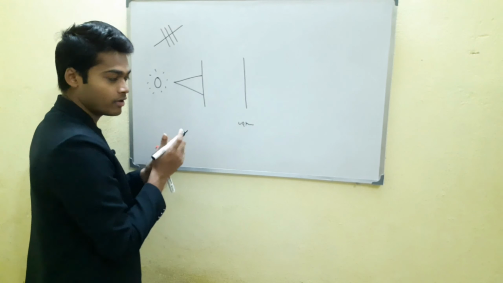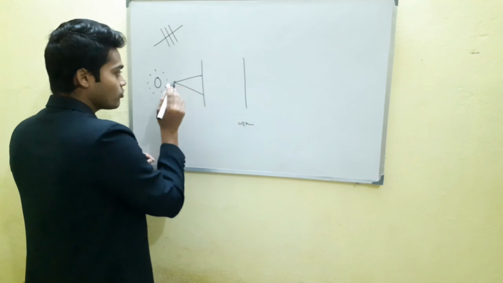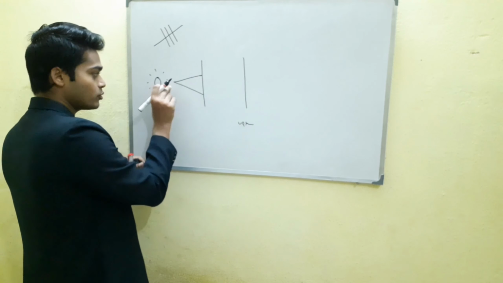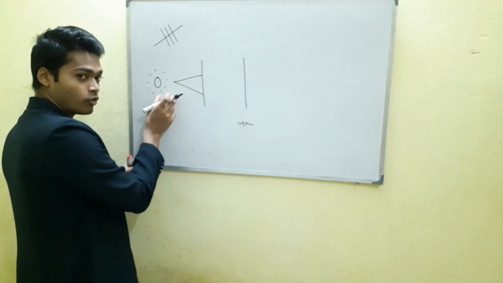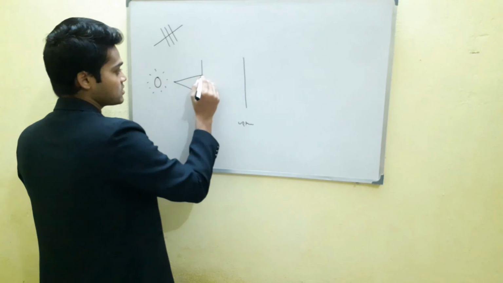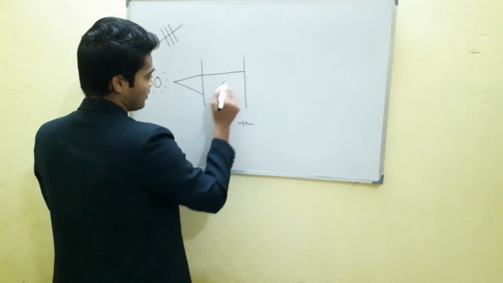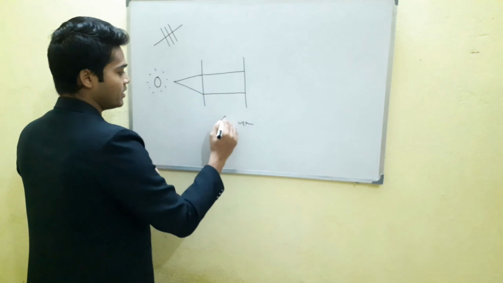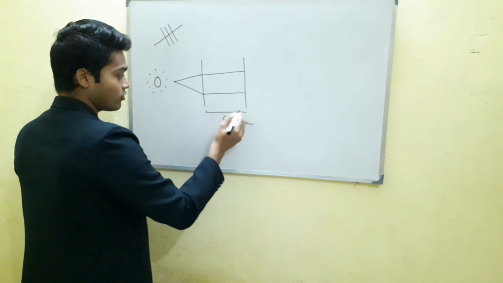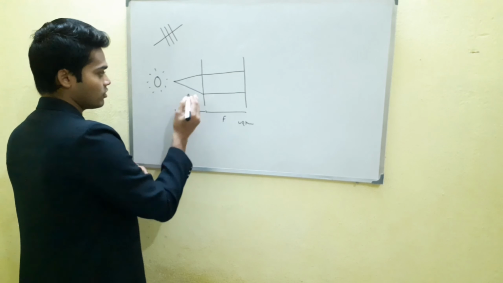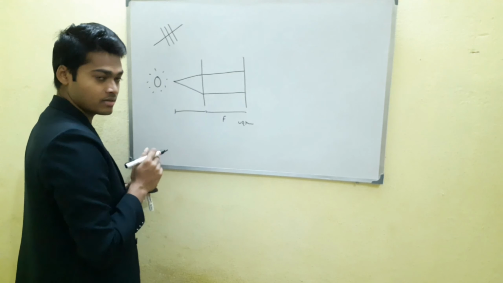What does this strong lens do? Suppose the ray is coming from a much nearer point and is diverging; this lens makes the ray parallel. This is the secondary focal point of this condensing lens, and this is the primary focal point of this condensing lens, and this lens is convex, simply like this.